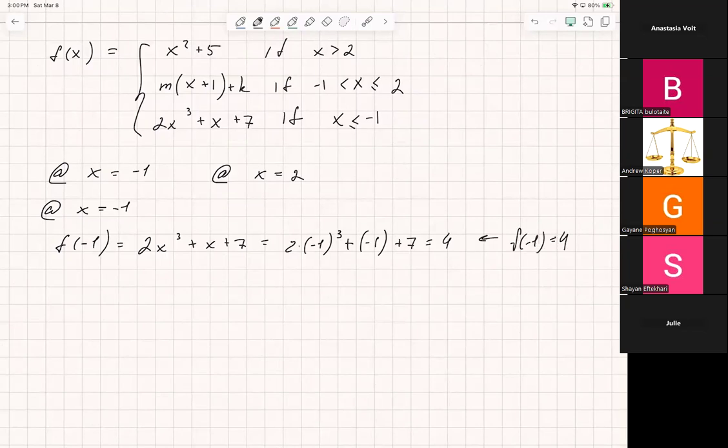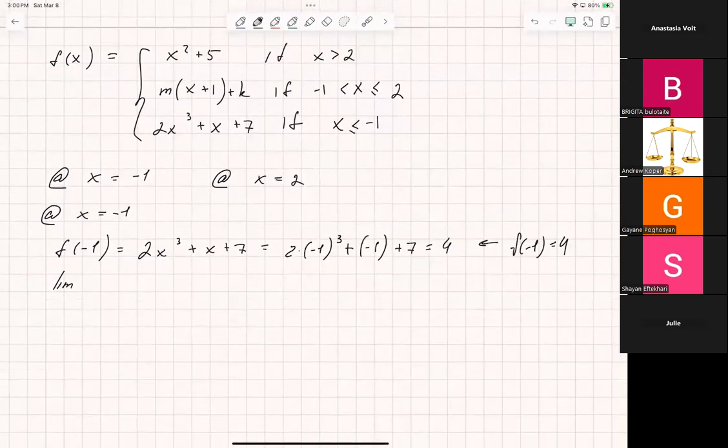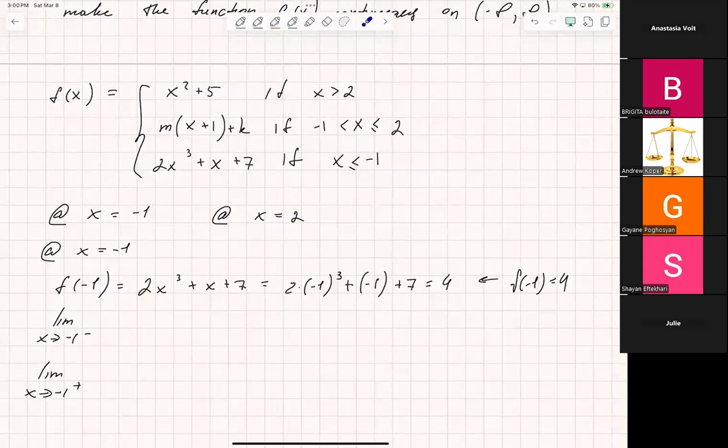Now we need to check if the left and right limits also equal 4. The limit as x approaches -1 from the left side, and the limit as x approaches -1 from the right side. From the left side, we are looking at this function because that's less than -1. So we will use this last function, 2x cubed plus x plus 7.